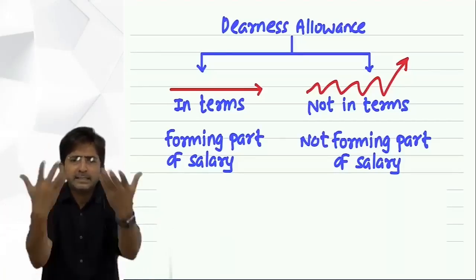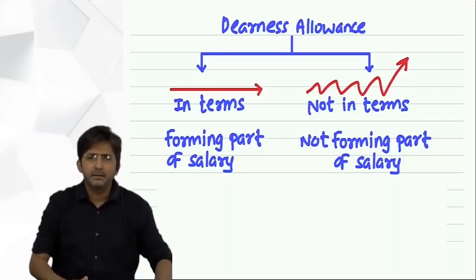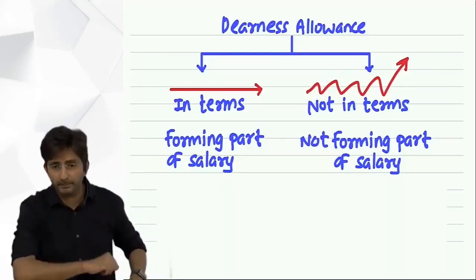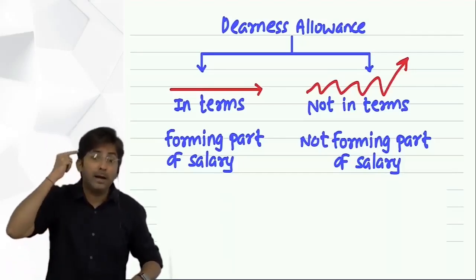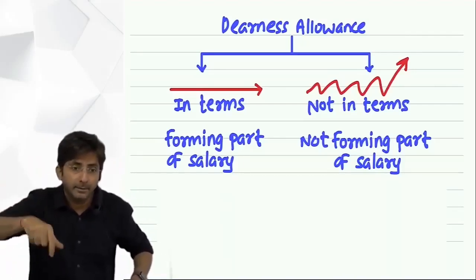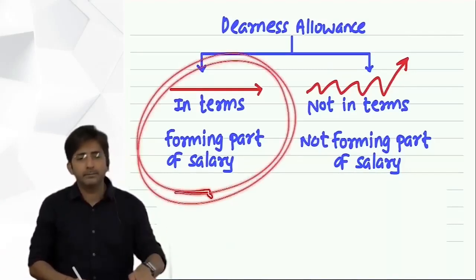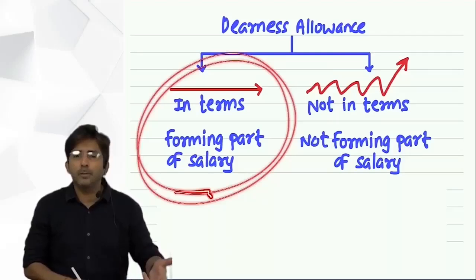Yes. So you are receiving it as income, so it is taxable. So what difference does it make? The difference comes in the formula. Which formula am I talking about?